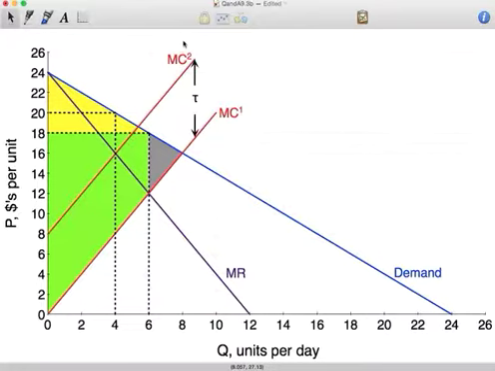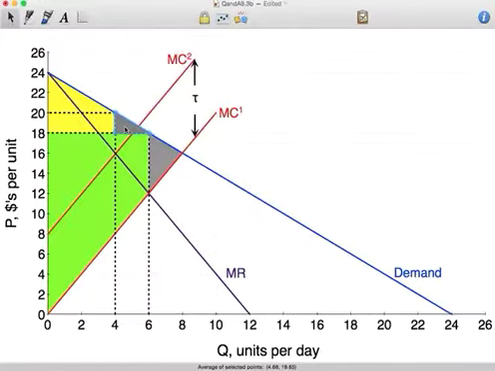So what I want to do here is let me highlight the area that illustrates the area of deadweight loss for consumer surplus that no longer exists.